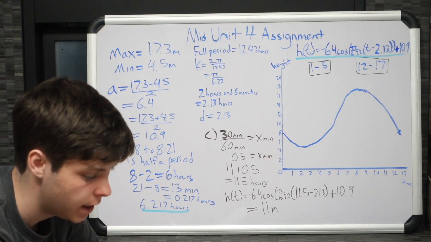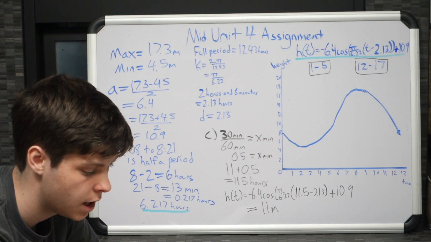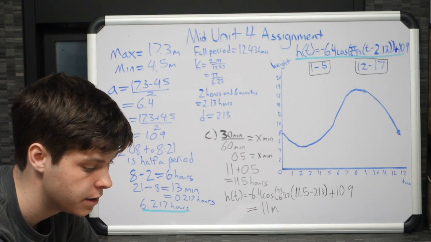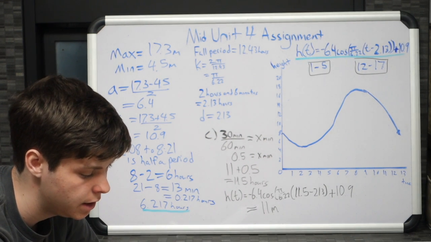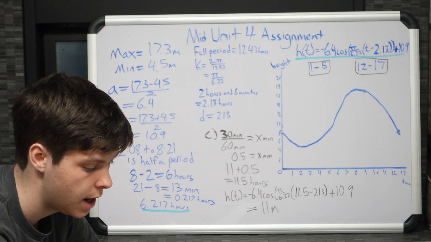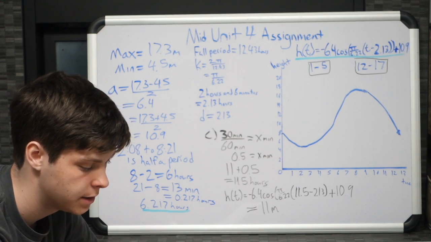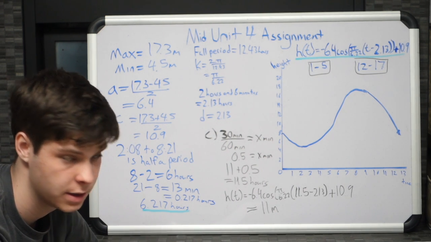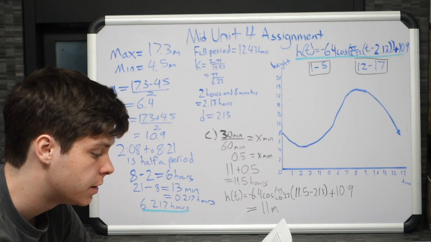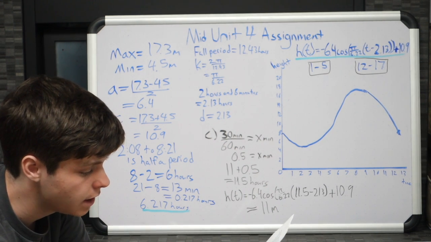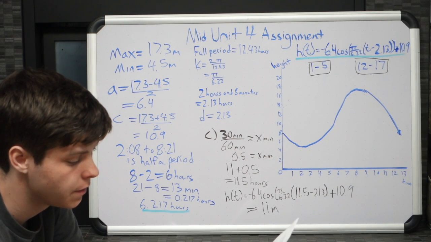Assume that the height h of the tide can be modeled as a cosine function of the time of day t, and then determine the equation in the form h(t) = a cos(k(t - d)) + c, where h(t) is the height of the tide at the pier in meters and t is the time of day in hours.